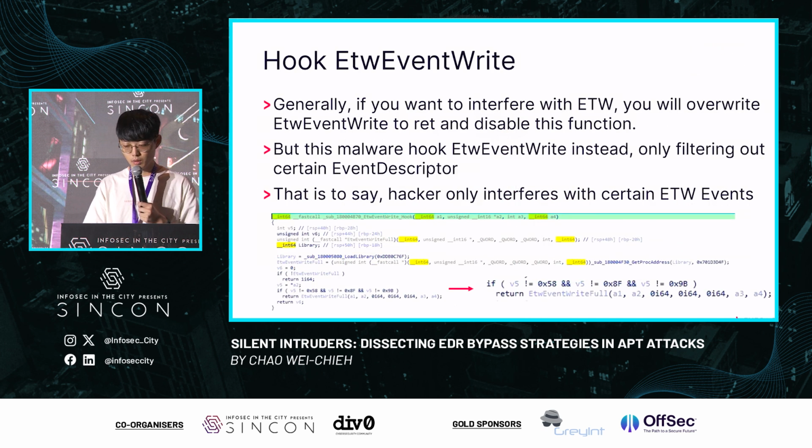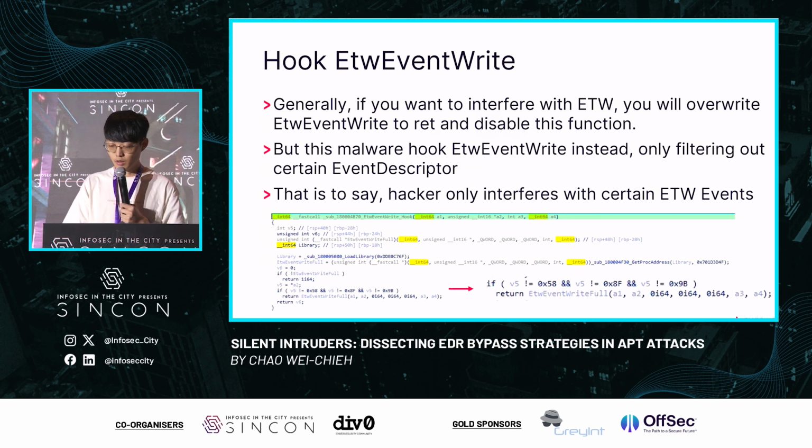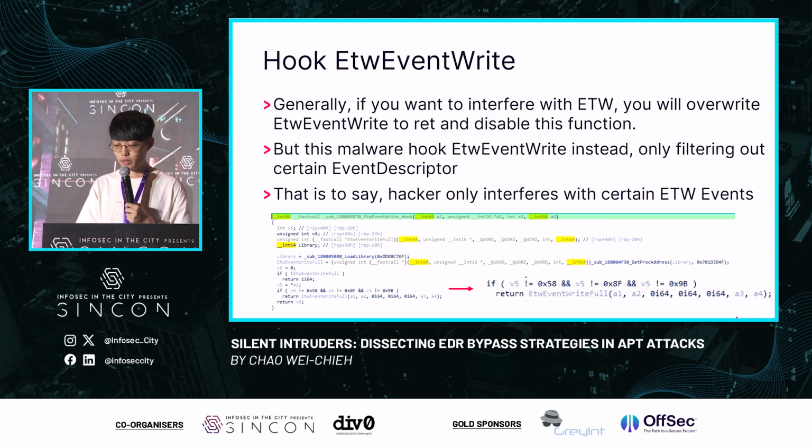Normally, if the attacker wants to patch the ETW to disable its behavior, they will overwrite the first few bytes of EtwEventWrite. This function is responsible for sending an event to the provider.